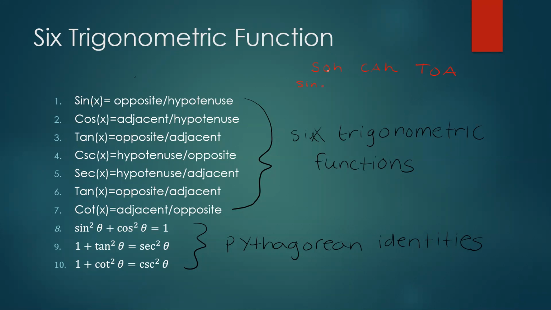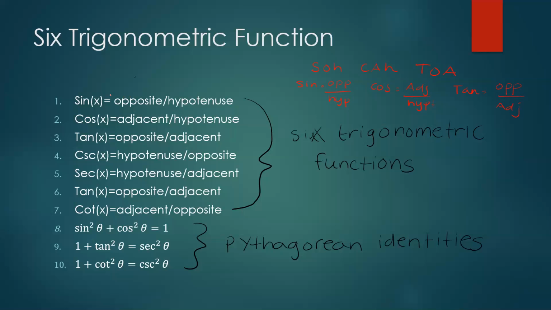Sine is opposite over hypotenuse, right? And then the C stands for cosine. Cosine is adjacent over hypotenuse. And then for tan, this O stands for opposite over adjacent.